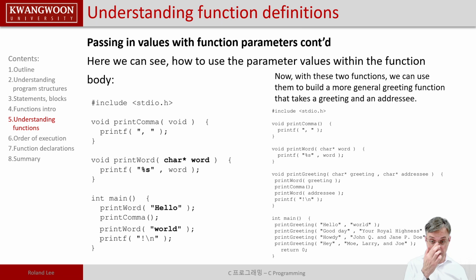We could then call this function with two values, one value for the greeting and the other for who is being greeted.